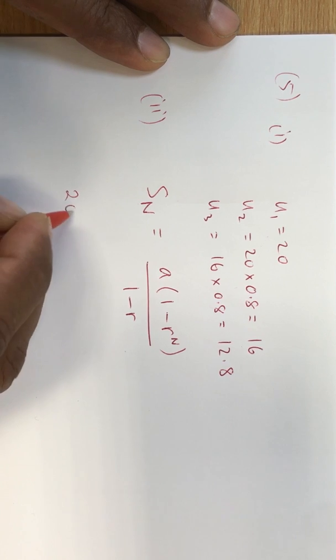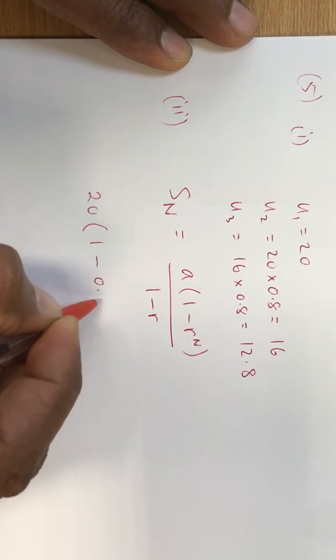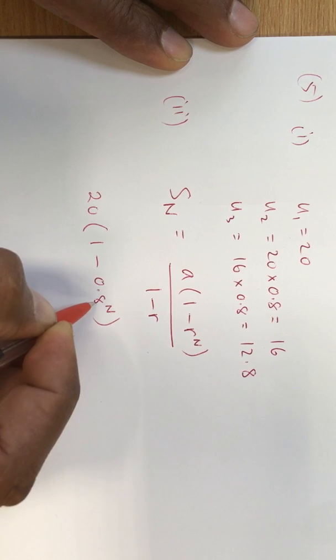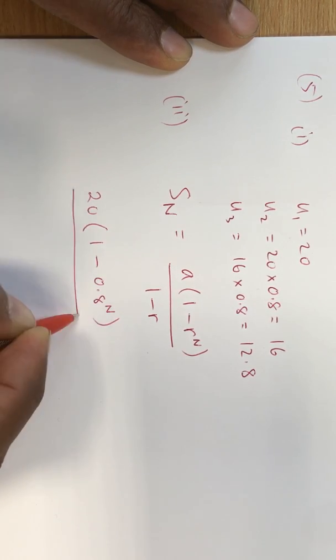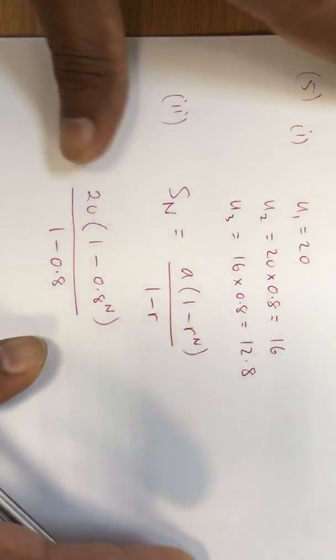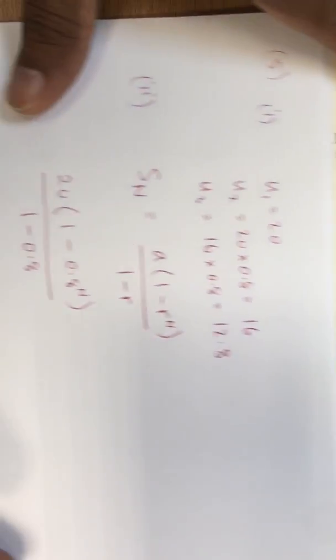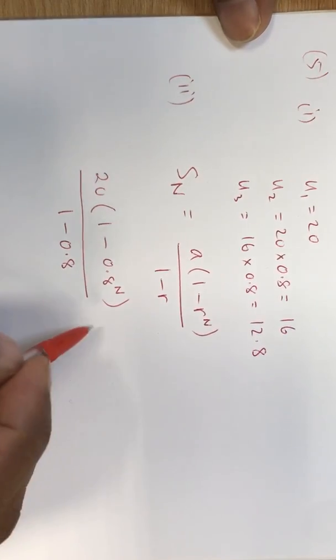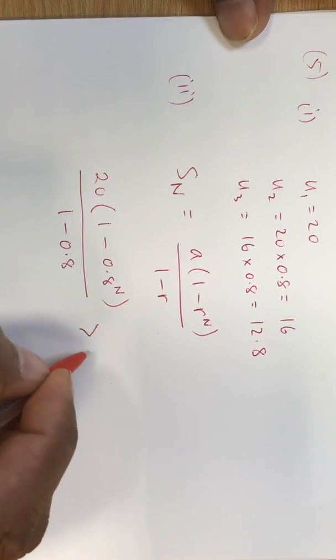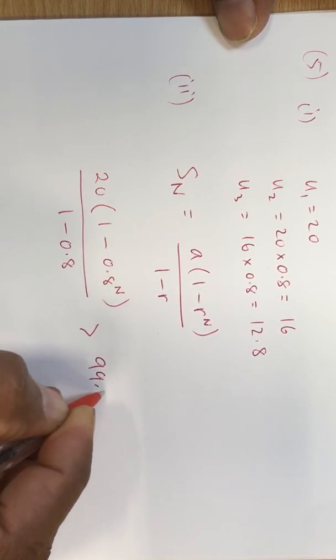So that's going to be 20, 1 minus 0.8 to the power capital N, all over 1 minus 0.8. And we're being told that this summation is going to be greater than 99.3. So I might as well put that in now. We want to find the n where the sum is going to be more than 99.3.